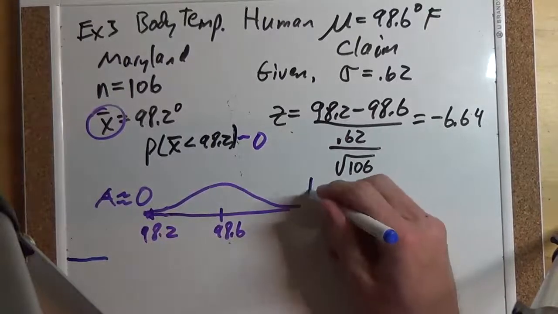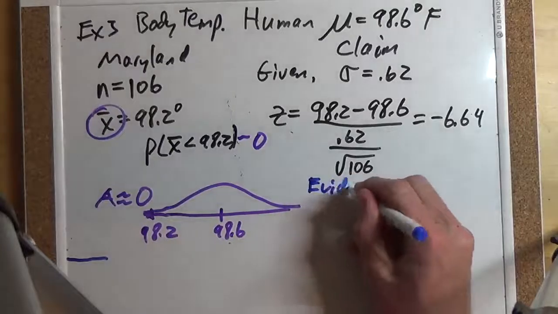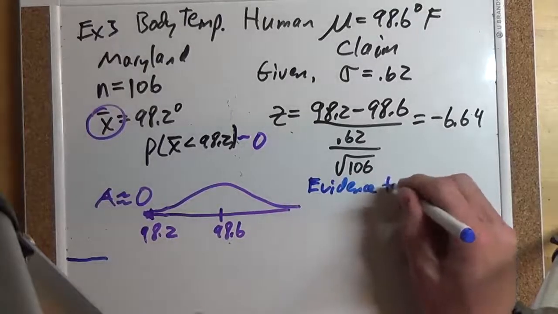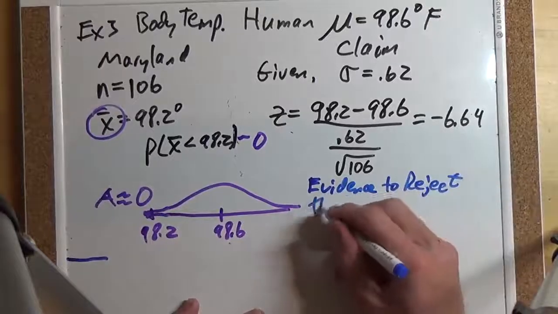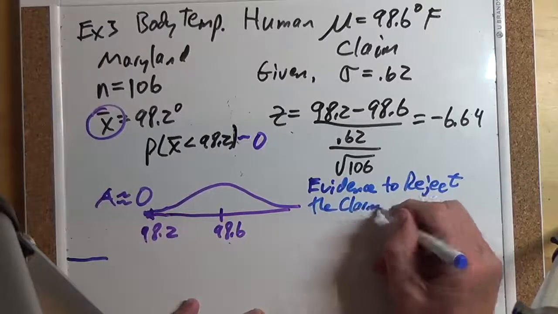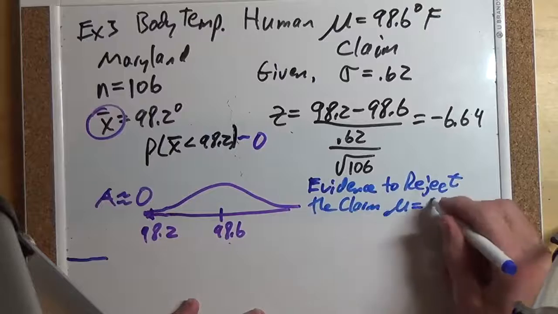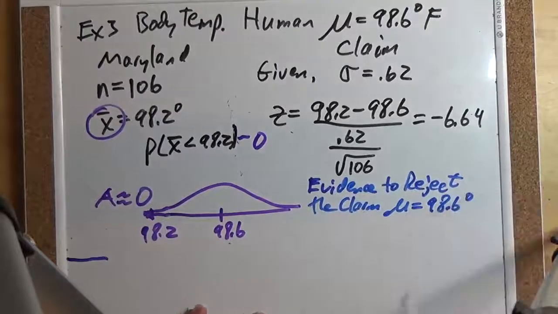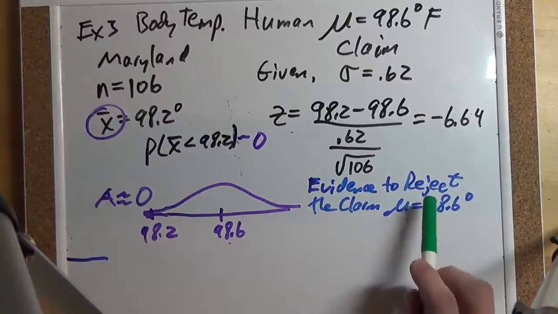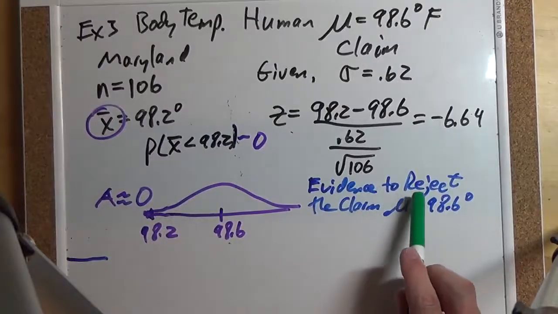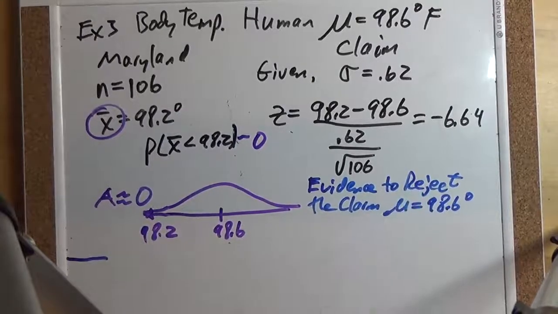We have evidence to reject this claim. And that's what we're going to do starting in Chapter 7, where we fail to reject or we reject the claim. We never prove anything. This is statistics. We're just getting evidence.